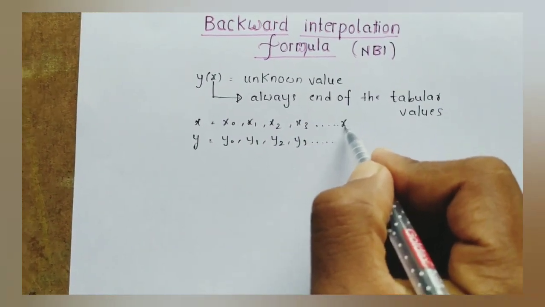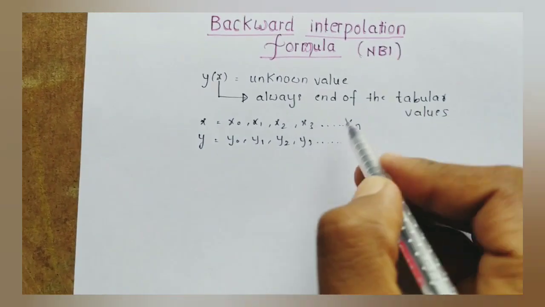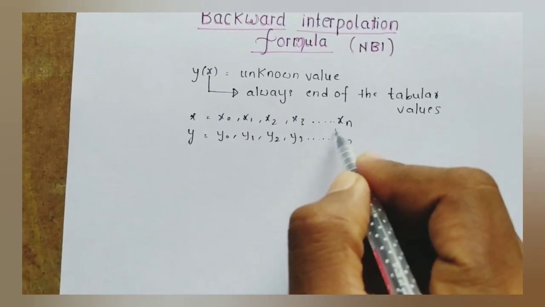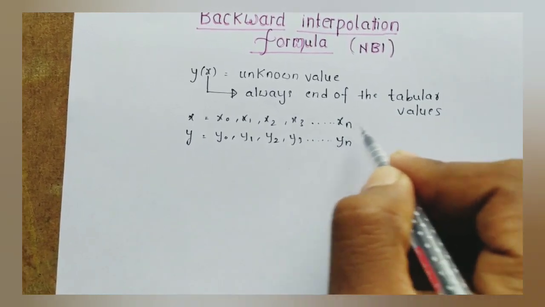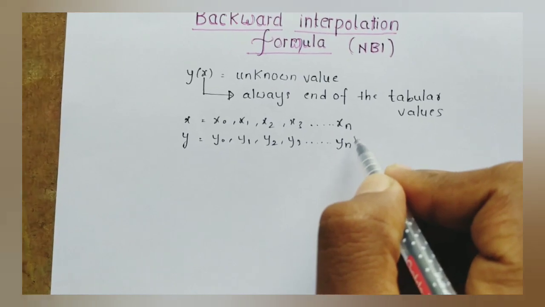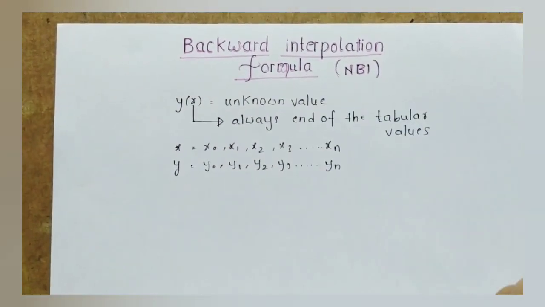For example, xn is the end of the tabular value, yn. Suppose we assume xn, so here the xn value is the ending of the tabular values. So in that condition we use the backward interpolation formula.